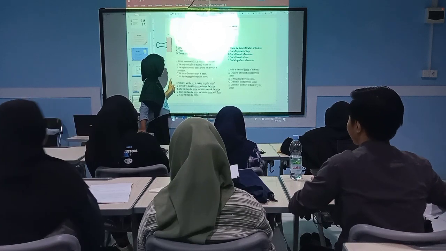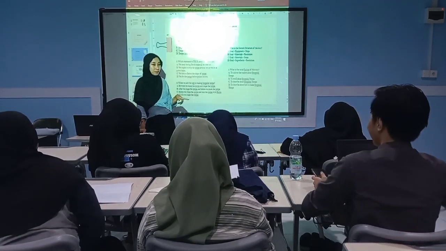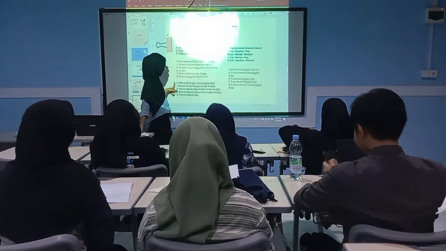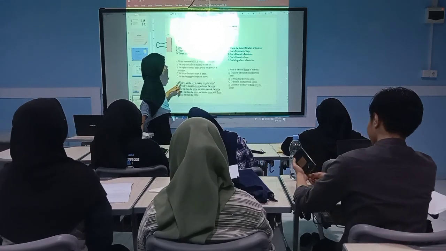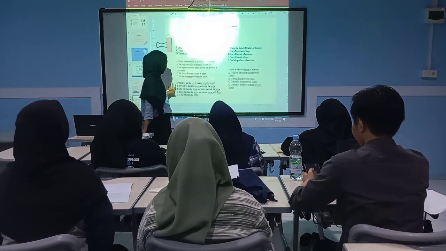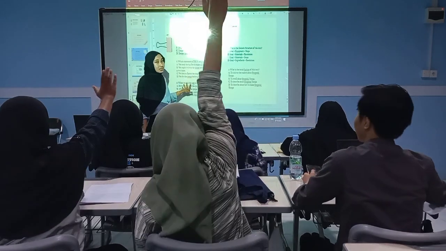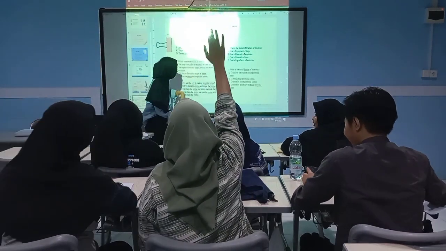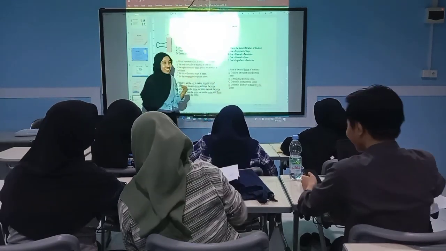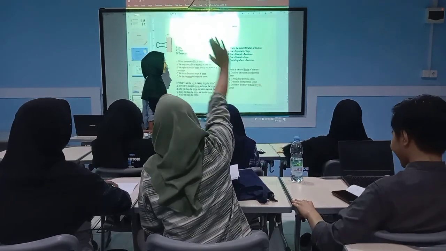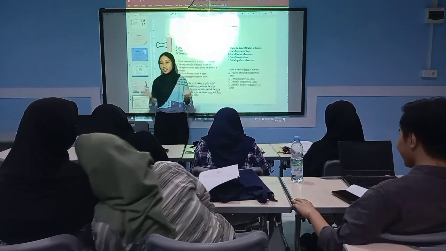Okay, that's right. Number 3, D. After we set the tempe and before we mash the tempe. Okay, that's correct. Number 4, C. Okay. You guys are so excited. And then the last, D. Okay, applause to all of you.